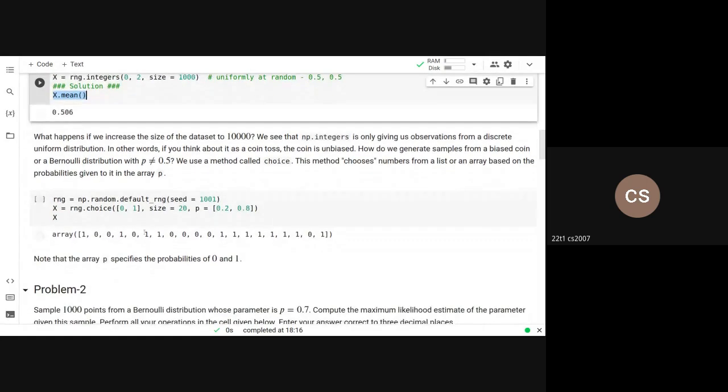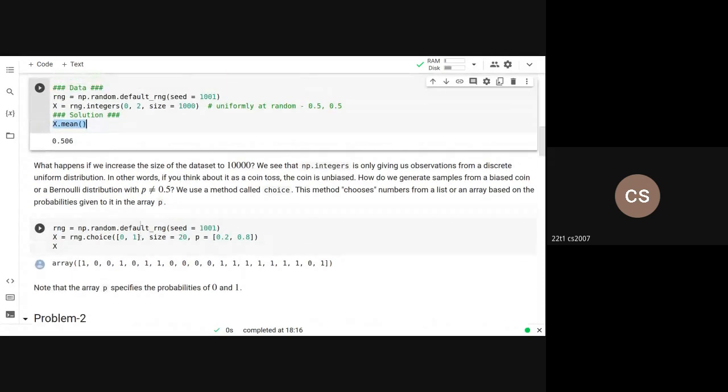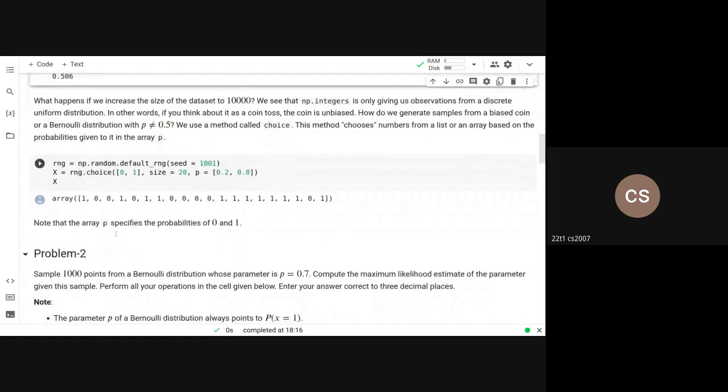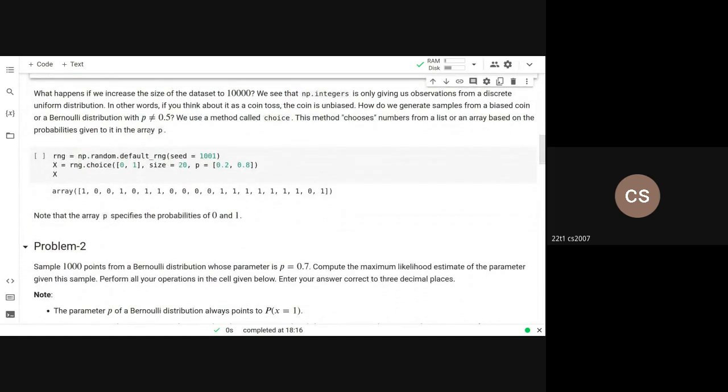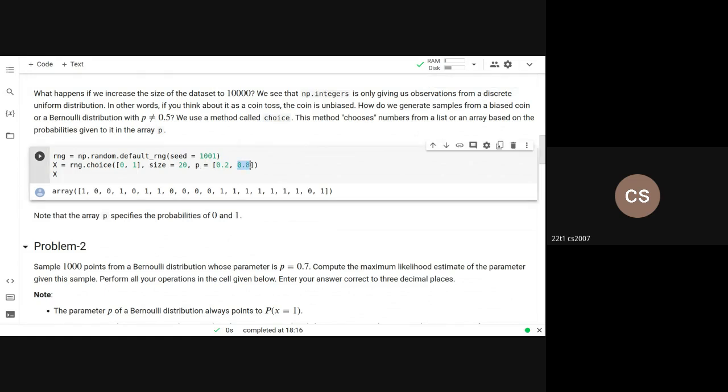Okay, but now we don't want just unbiased coins. Since we are dealing with Bernoulli distributions, we must also be capable of sampling points from a biased coin, right? So here the bias is 0.8. Always the parameter p we associated with 0.8, which is the probability of x equal to 1, right?